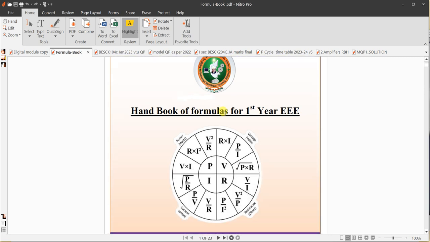This is a handbook of formulas for the first year electrical scheme. On the front page, V is equal to IR, V is also equal to power by current, and V is also equal to root of power into R. Resistance is V by I, V square by P, or P by I square.